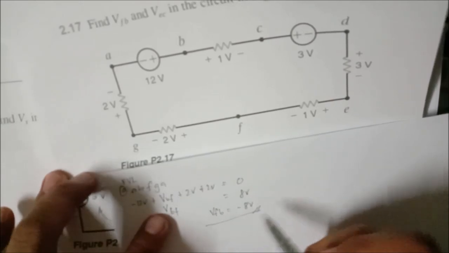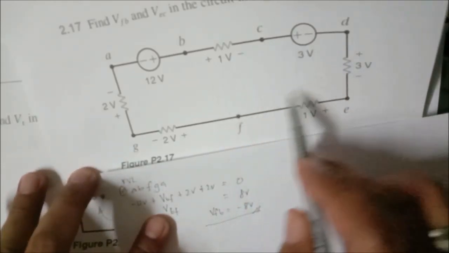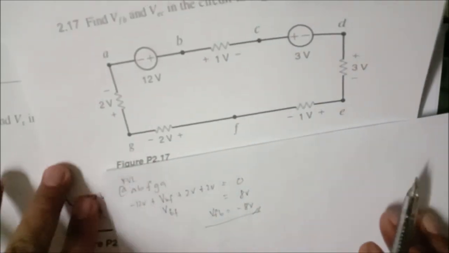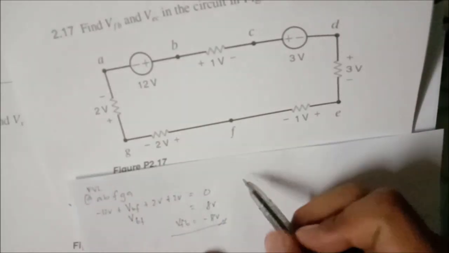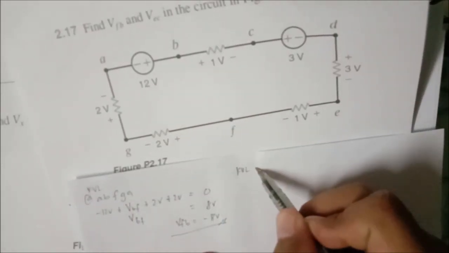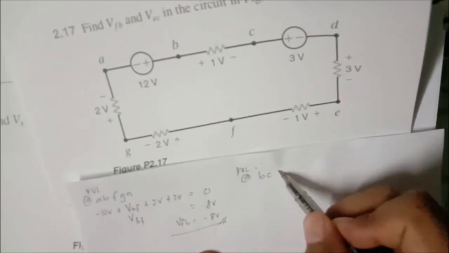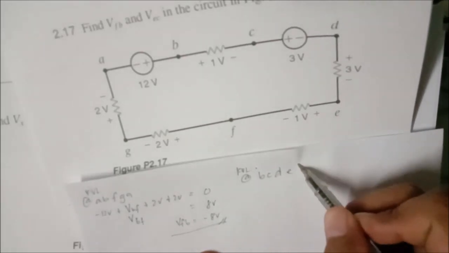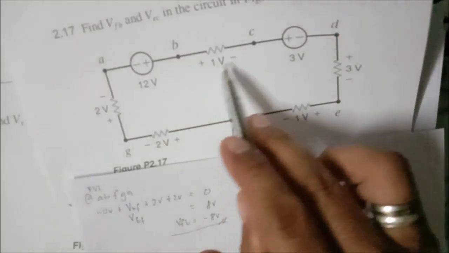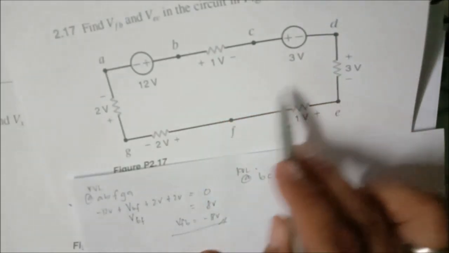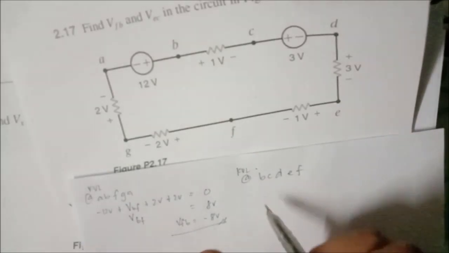Compute natin yung kabila para sa kabila nating ikot. Tignan natin kung negative 8 volts din talaga. KVL at B, C, D, E, F. So, ganun. Hindi kasama to ha. Okay.